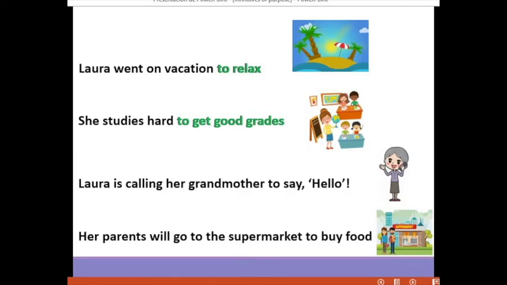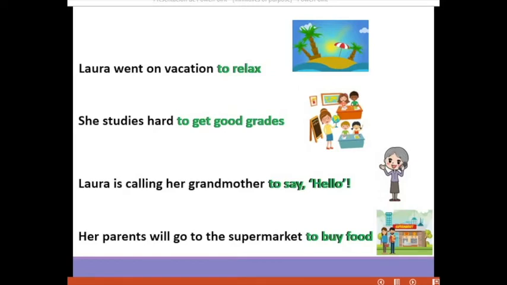Why is Laura calling her grandmother? Laura is calling her grandmother to say hello. Why do Laura's parents go to the supermarket? They go to the supermarket to buy food.